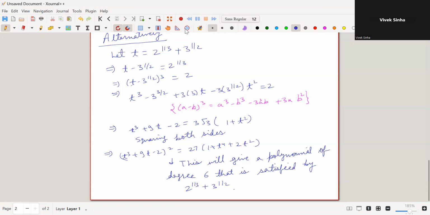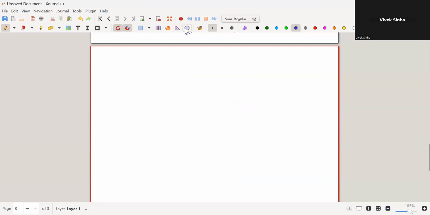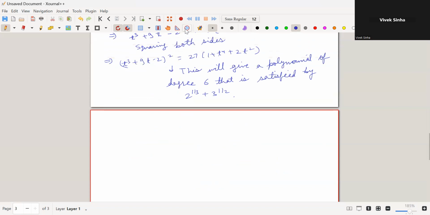Okay, so this also implies that the degree of 2^(1/3) plus 3^(1/2) over Q is less than or equal to 6.